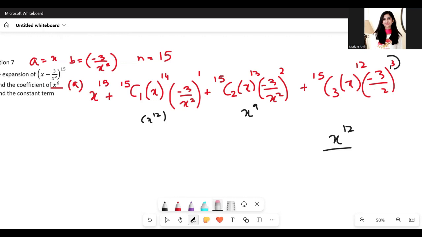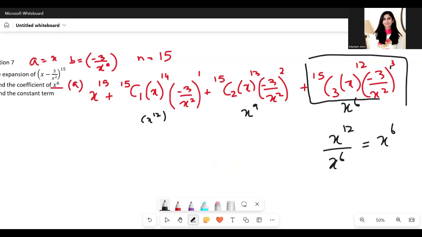I hope you remember indices from O levels. X squared power 3 becomes x power 6, so that's why the denominator is x power 6. Now the powers get subtracted, so that gives us x power 6. So this is the term of interest.